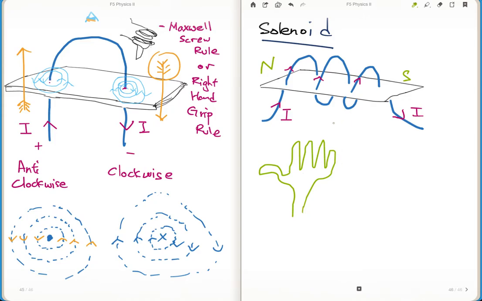Okay, you curl around this wire. So what happened? Your thumb points towards the north. That's how you determine the North Pole. Okay, always about the right-hand grip rule. It's about the direction of your magnetic field.